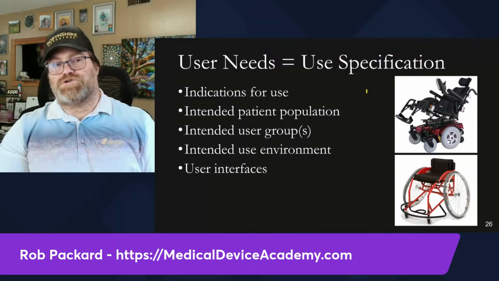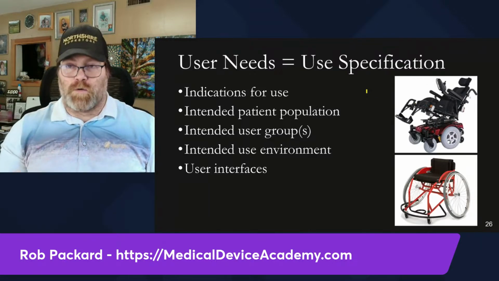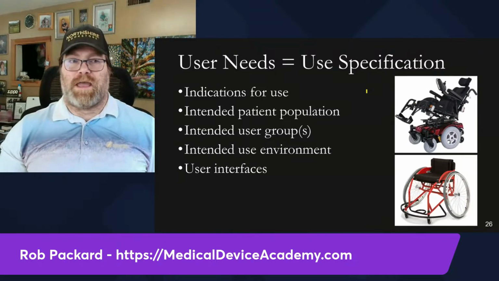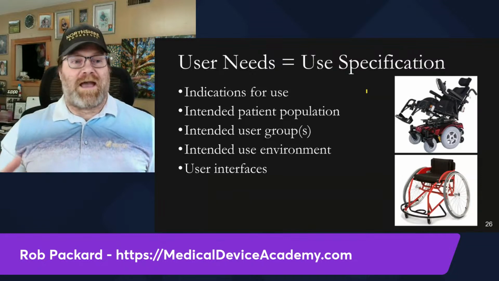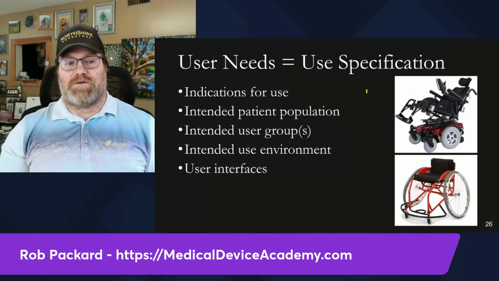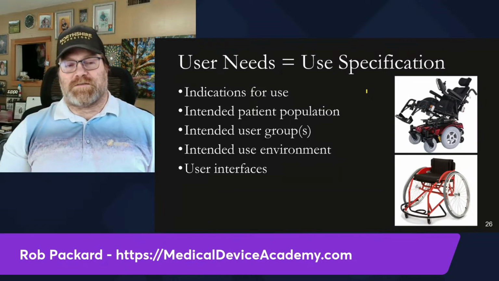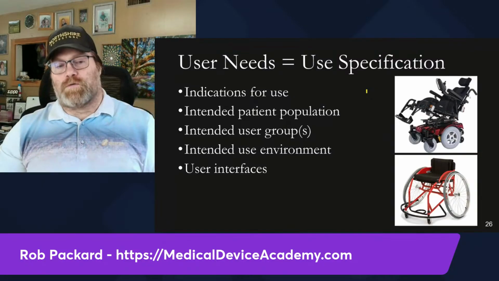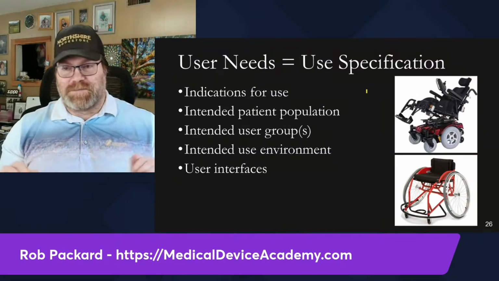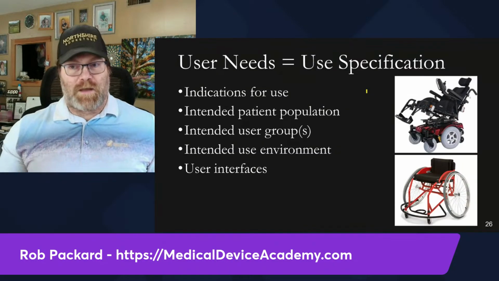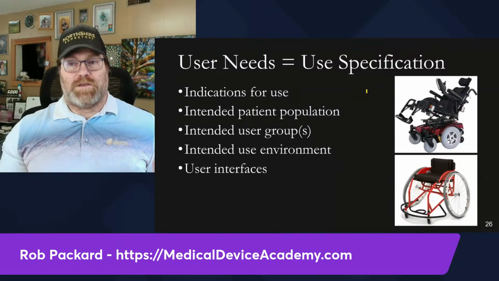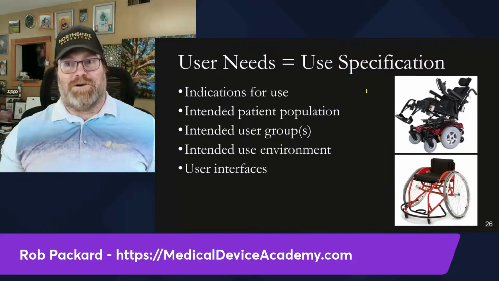If the upper wheelchair was a manual wheelchair for going down the terminal at the airport, it would have the same ISO standard and the same anti-resonant requirements that the lower one does, but they would not be the same wheelchair. If you try to take that wheelchair that you see at the airport and try to play basketball with it, it's not going to survive and you're going to get hurt.